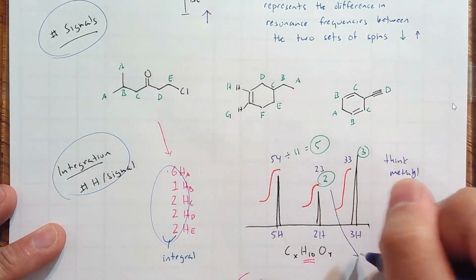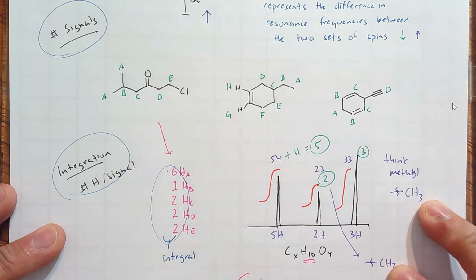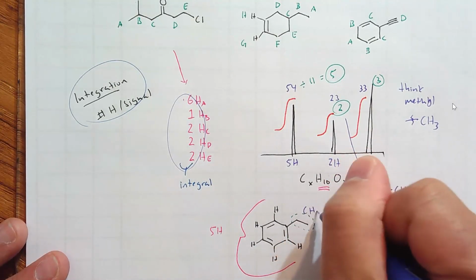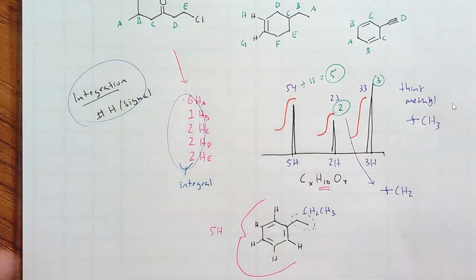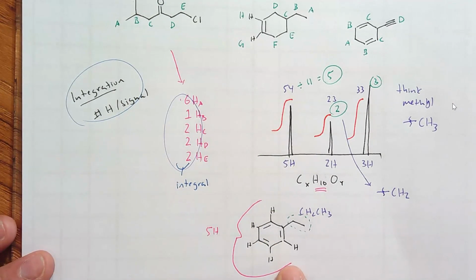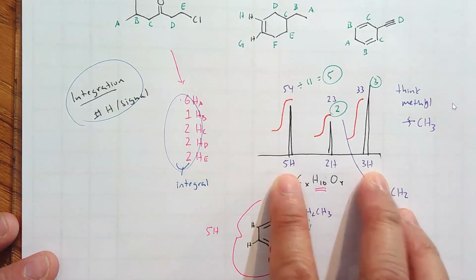You have a CH2 group, CH2. Put those two together, you have this group right here, ethyl, CH2, CH3. This is a puzzle. You're identifying certain pieces, and then you're going to put them together to create a molecule that is consistent with your NMR spectrum.